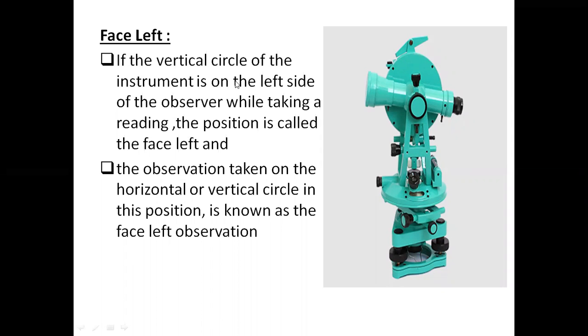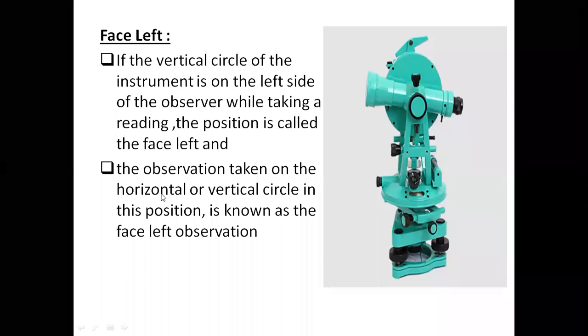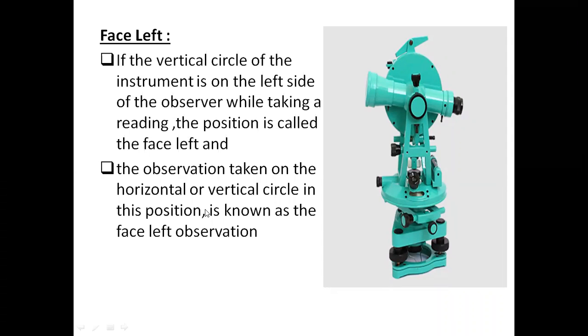If the vertical circle of the instrument is on the left side of the observer, or the telescope, while taking the reading, the position is called face left. And the observation taken on the horizontal or vertical circle in this left position is called a face left observation.